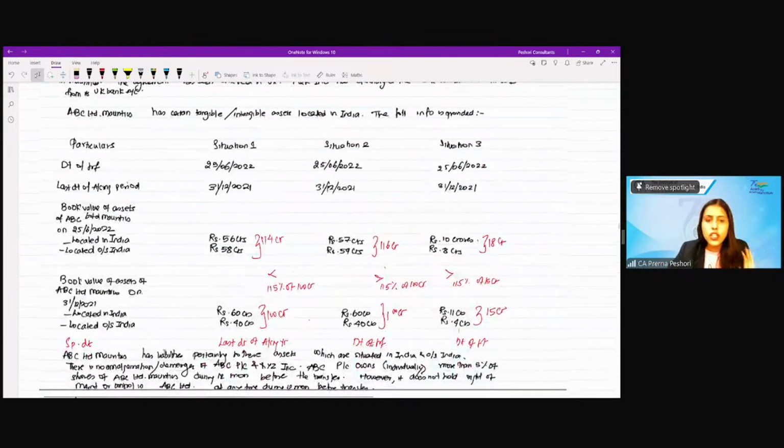So in situation one, whether the book value of the Indian assets is more than rupees 10 crore. On which date will you look at? And whether it represents more than 50% of the value of assets in India.